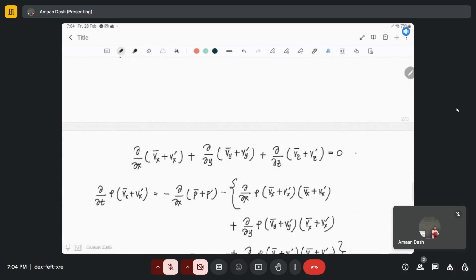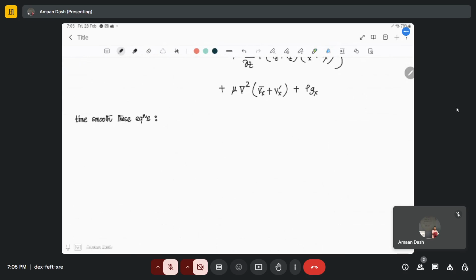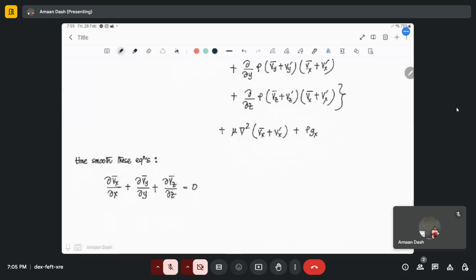So if we time smooth these expressions, all these fluctuating components will go out. So what we will be left with is this will be equal to 0. So this is by time smoothing the first expression.